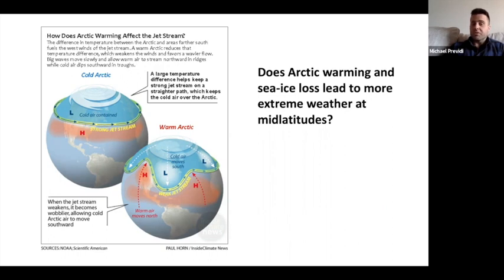But there are also other studies that suggest that there's no such indication of any of these effects. So this is a very controversial idea still in the climate community, but it's potentially very important if it were to turn out to be a real thing.